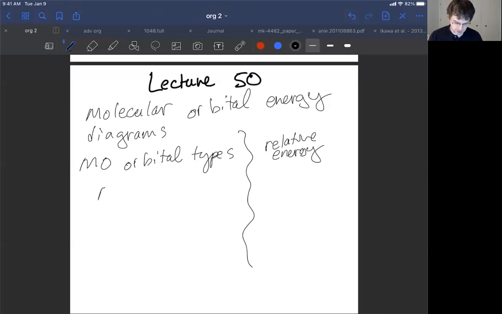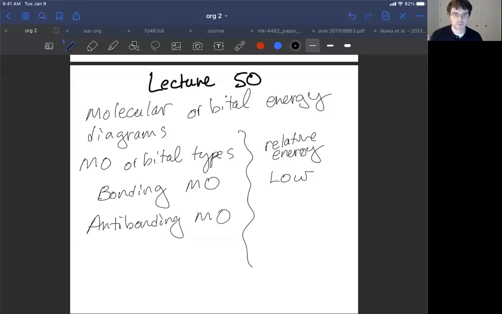So we have the bonding molecular orbitals, and these have a low relative energy. We have anti-bonding, which are high energy molecular orbitals.